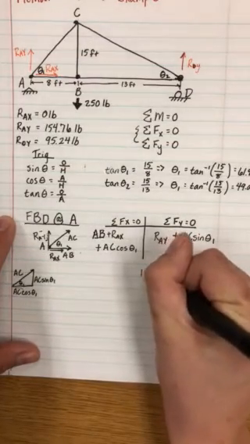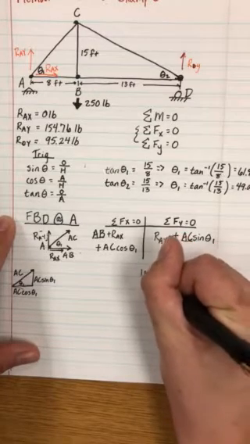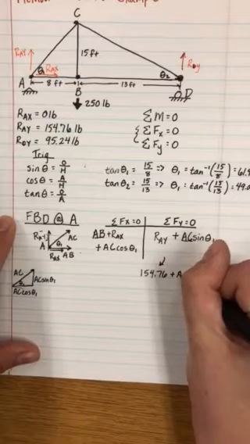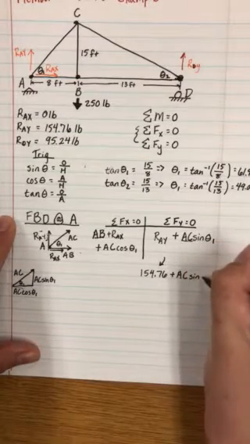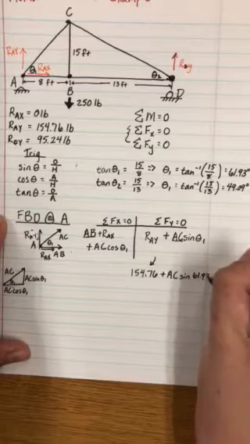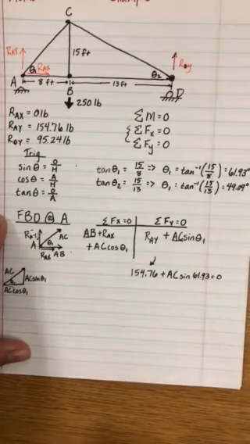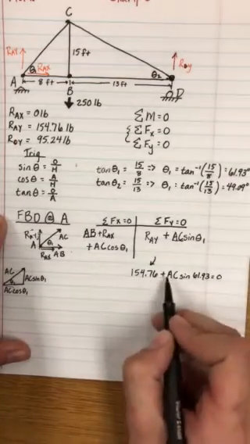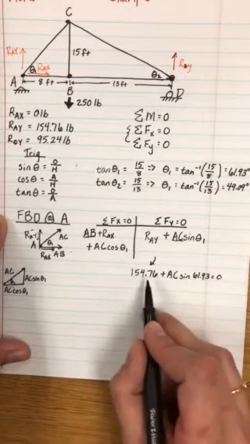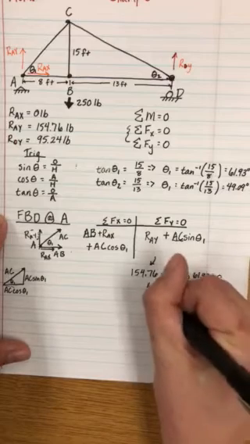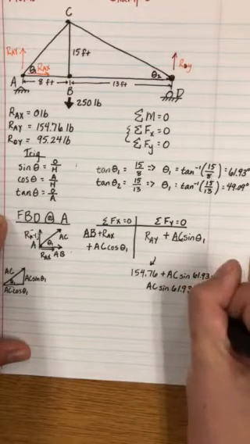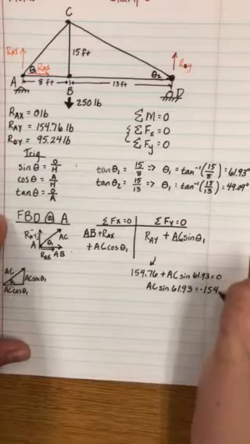So the reaction force of A in the y direction was 154.76 plus AC sine of theta 1, which we talked about being 61.93 degrees. Now if I'm solving for AC, my unknown, I'm going to start by subtracting 154.76 to the other side. So we have AC sine of 61.93 equals negative 154.76.